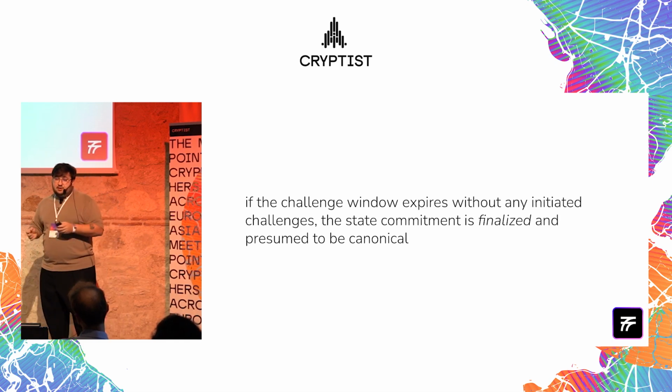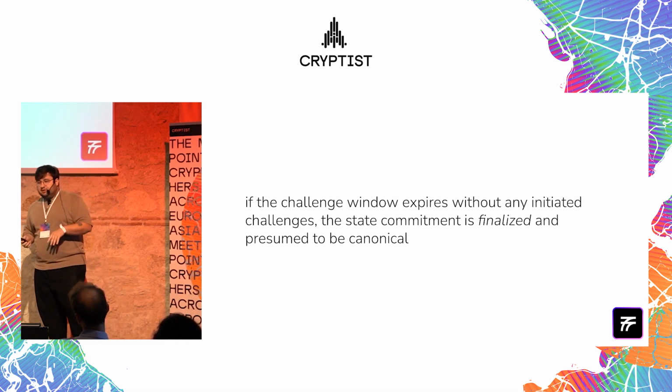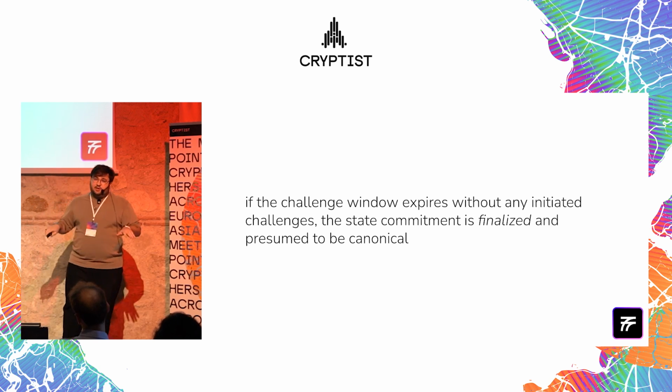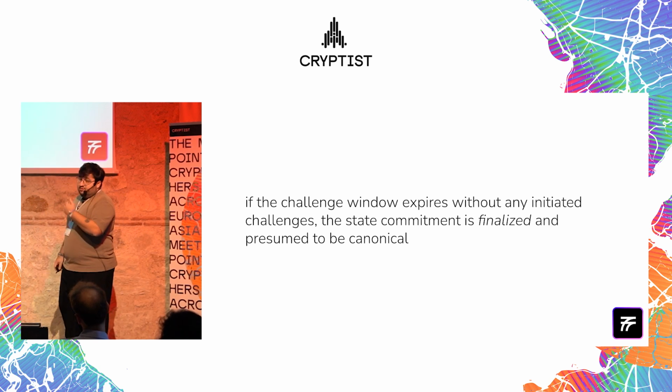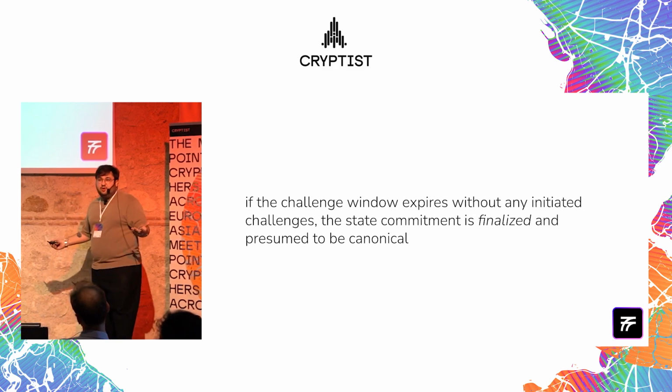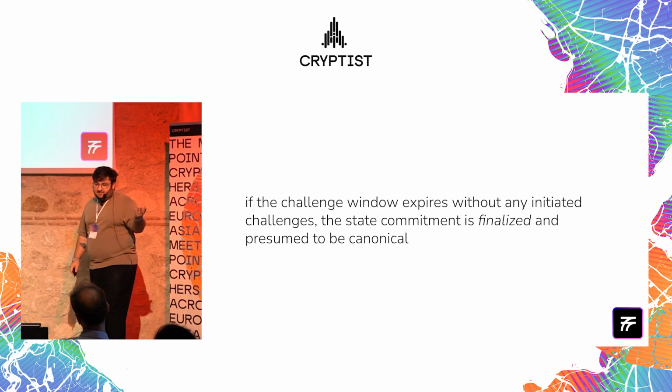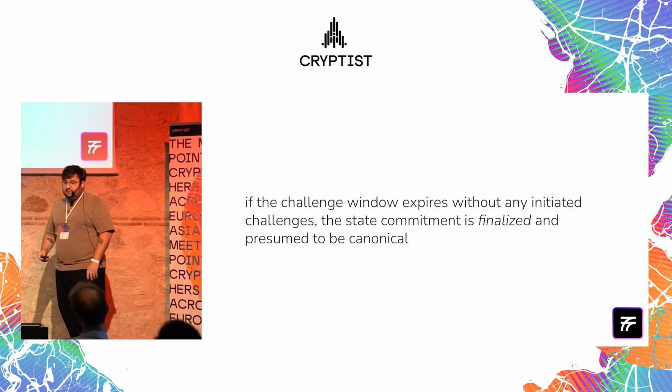If the challenge window expires without anyone initiating a challenge, then we just finalize the state and assume that it was correct. So you can see why you need at least one honest party, because you need someone to actually impose that challenge and to say, no, you need to check this thing because this thing doesn't sound right.